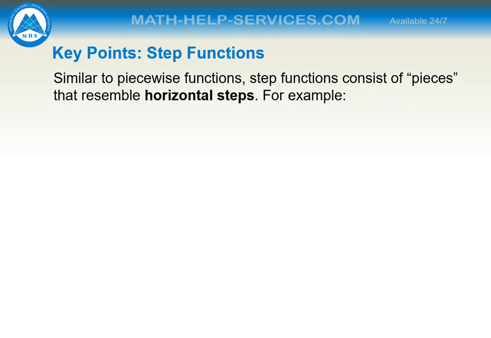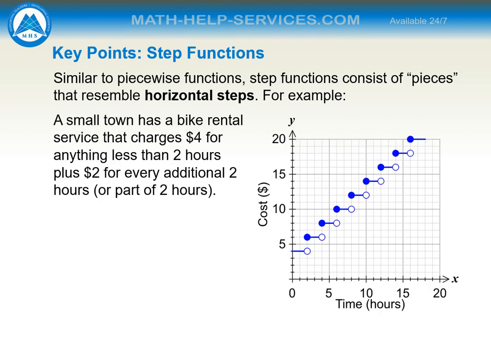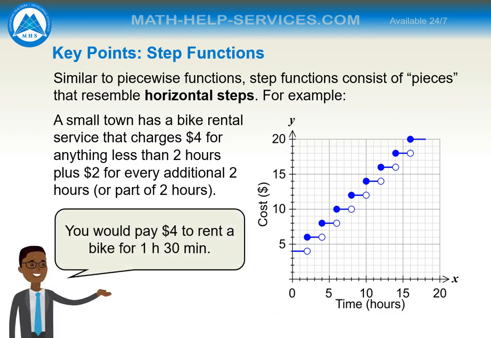Now let's look at step functions. Similar to piecewise functions, step functions consist of pieces that resemble horizontal steps. For example, here's a step function. A small town has a bike rental service that charges $4 for anything less than 2 hours, plus $2 for every additional 2 hours, or any part of 2 hours. You would pay $4 to rent a bike for 1 hour and 30 minutes.